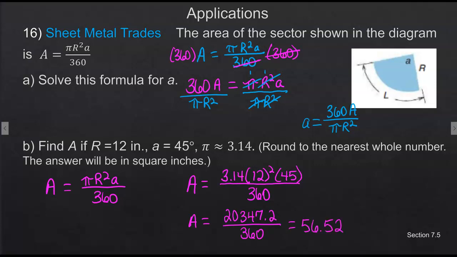So don't forget to pause whenever you're working through a problem. If you want to try it on your own first, then just pause, work it out, come back to the video to check your answer. And it tells us to round to the nearest whole number, and A is approximately then 57 inches squared. Oh, and it tells us the answer will be in square inches.